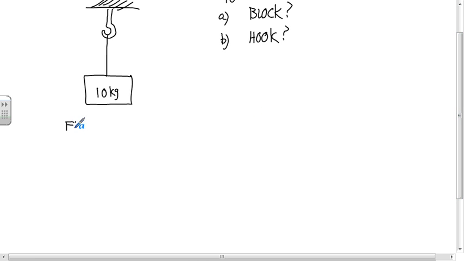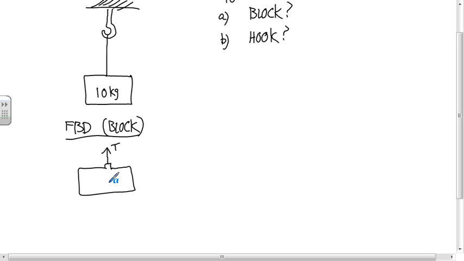So, a free body diagram of the block. Here's the closed outline of the block, and we're going to include just that little stump of cable in it. The cable force, the force applied by the cable, acts directly out of that stump with a value T. There's a weight force of 10 kilograms times 9.81, 98.1.